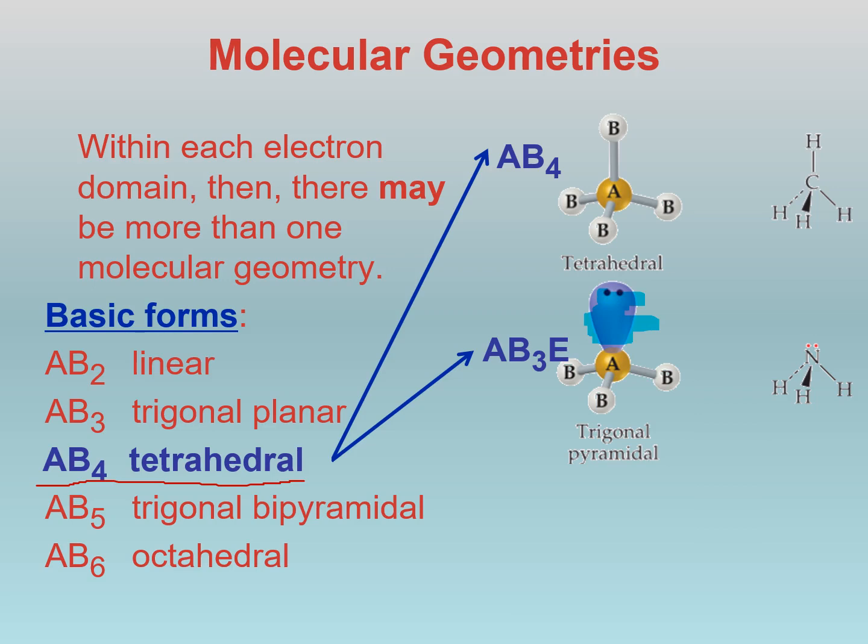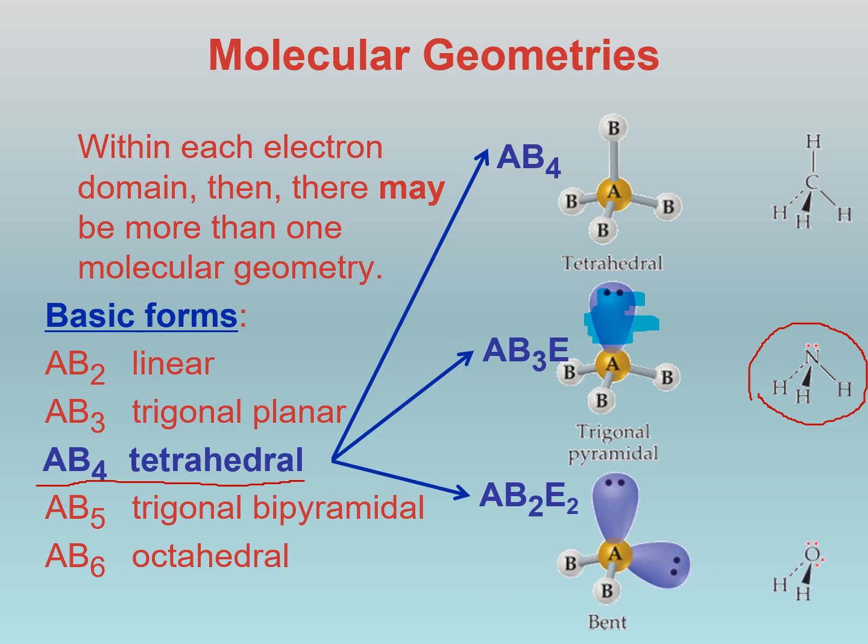What you visibly see will be over here, and that clearly does not look like a tetrahedral. That is what we call, well, it says it right here, trigonal pyramidal. I'm going to give you a cheat sheet in class that has all these shapes on it.